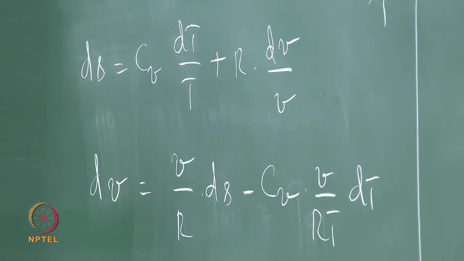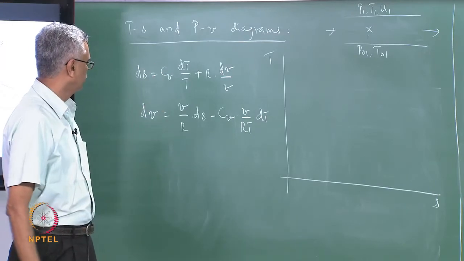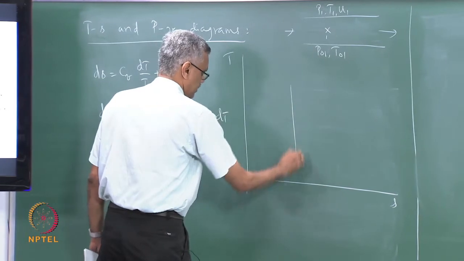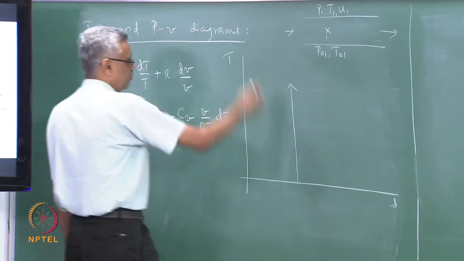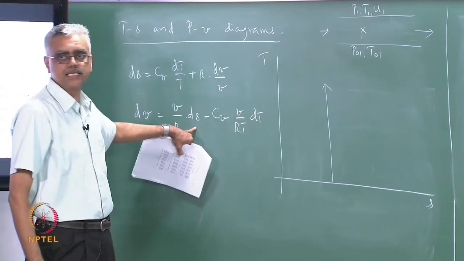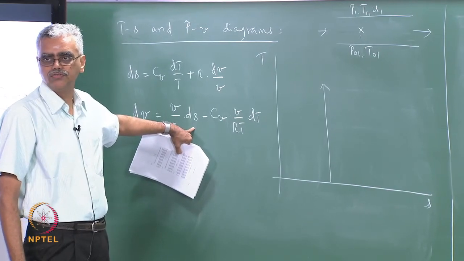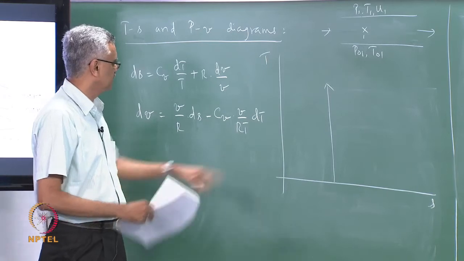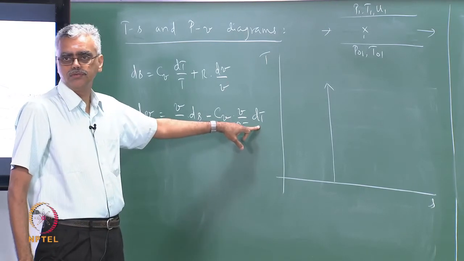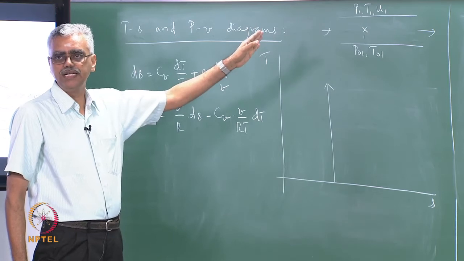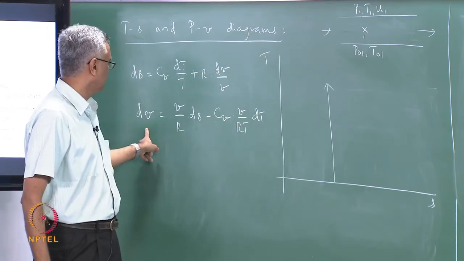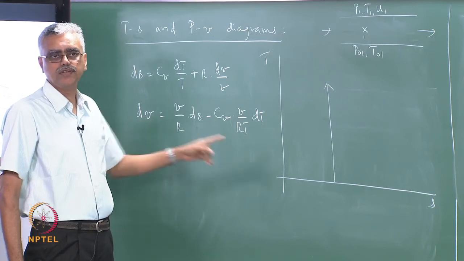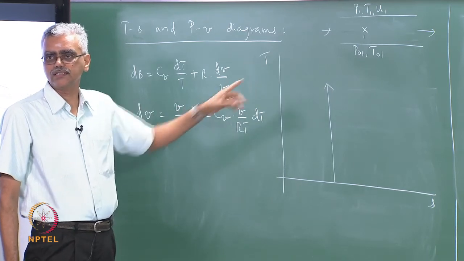Okay. So, on a TS diagram, as you can see, if I move in a vertical direction, say a direction like this, what is ds? ds is 0 if I move along a vertical direction. So, this tells me that as I move along a vertical direction, dT is positive, right. As I move upwards, dT is positive. So, this tells me that the specific volume decreases when I move along the vertical direction, right. dV is negative.